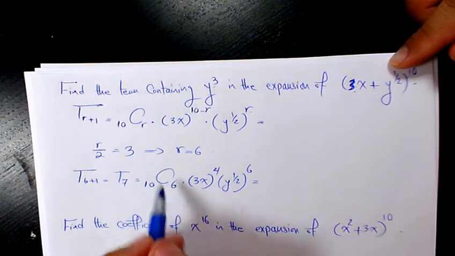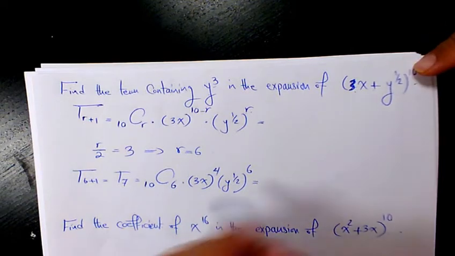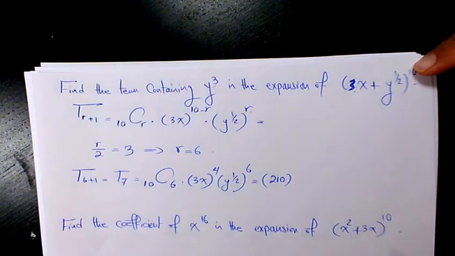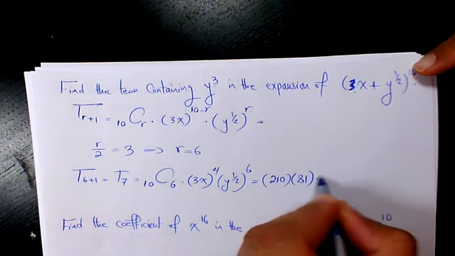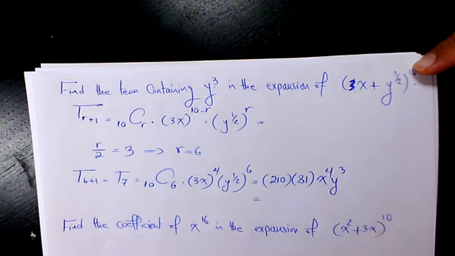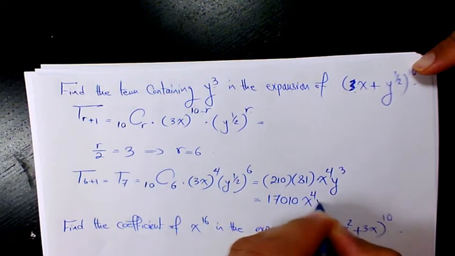So 10 C6 is 210, times 3 to the power of 4, which is 81, x to the power of 4, y to the power of 3. So that's going to be 17010 x to the power of 4 y to the power of 3.